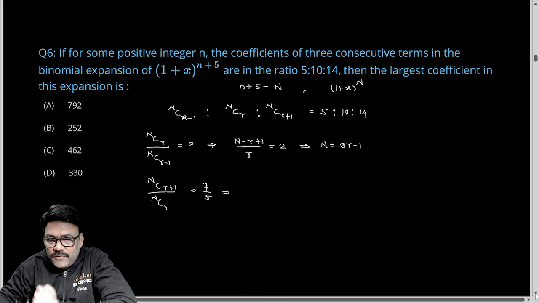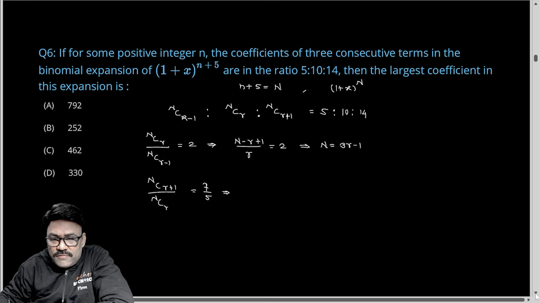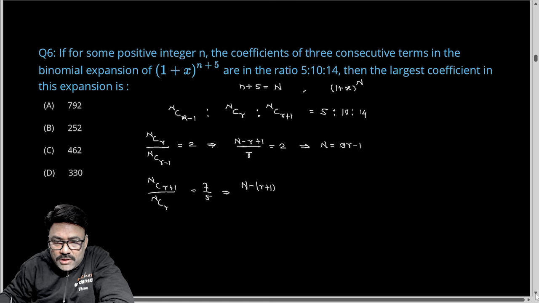So again use the same formula. When you have NCr over NCr minus 1, it is N minus r plus 1 over r. But now you are taking NCr plus 1 over NCr, so simply r will be replaced by r plus 1. So the same formula you will use, but r will be replaced by r plus 1. And this is 7 by 5.